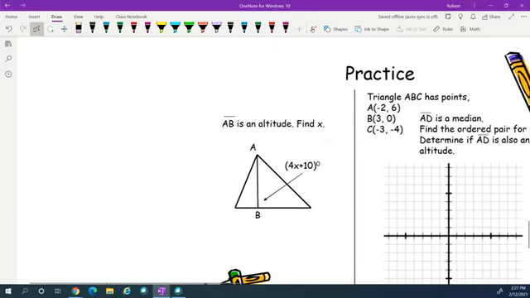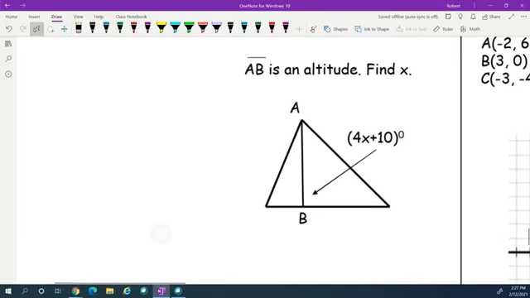Let's take a look at an example or two. We're told AB is an altitude. By definition, this must be perpendicular, which means this must equal 90 degrees. So x equals 20.